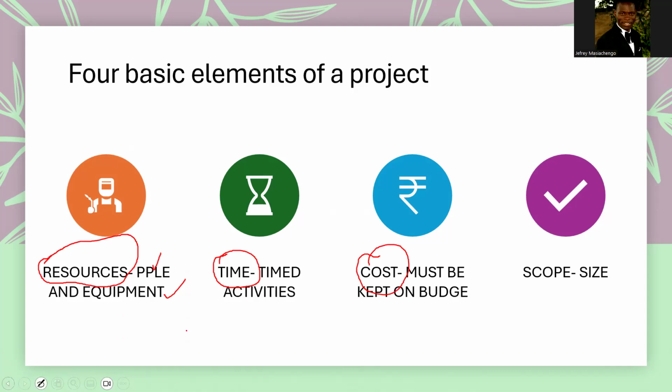So you must be kept on budget. It means you must be fighting to minimize costs. Then at the end of the day, you must be in a position to cover the scope of the project. We're saying the size of the project.